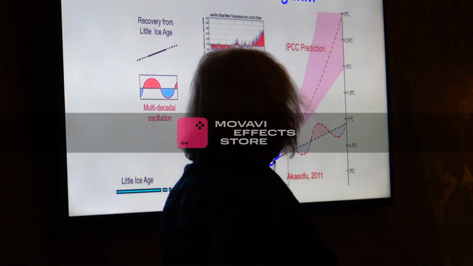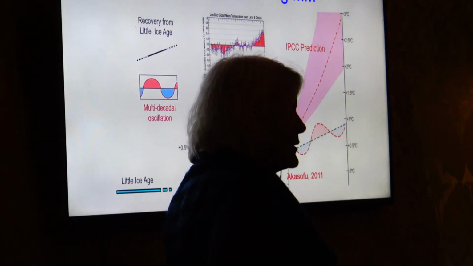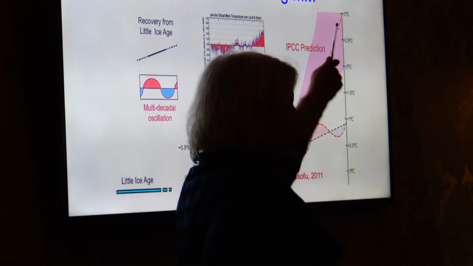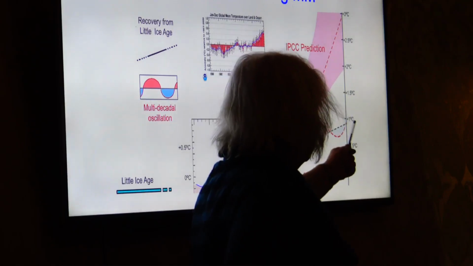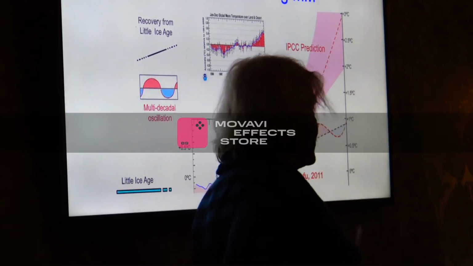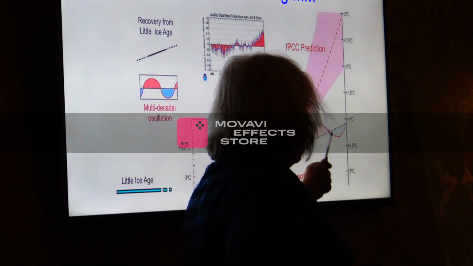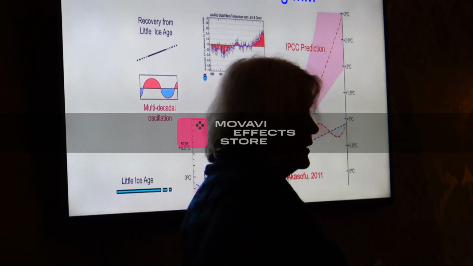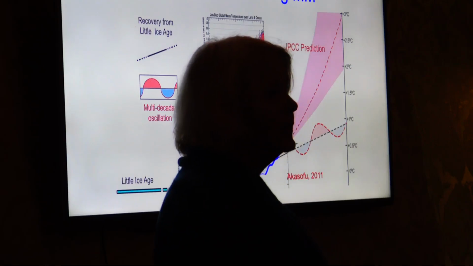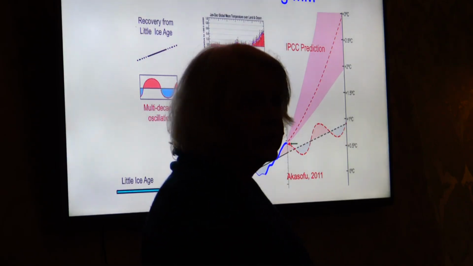And Akasofu said, all right, this guy produced linear interpolation from the temperature maximum and produced this increase. Now they reduce it to 1.5 degrees, but this is the temperature which Akasofu produced. This is a variation related to the solar activity, maximum, minimum, maximum, minimum. But this trend of increase is not related to the sun, to the solar activity at all.